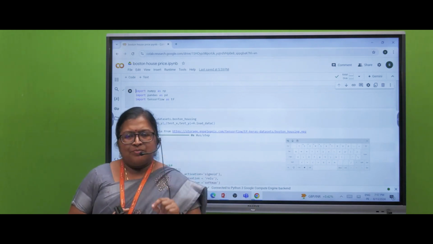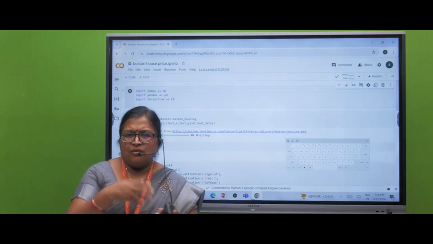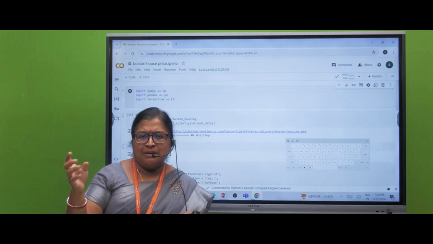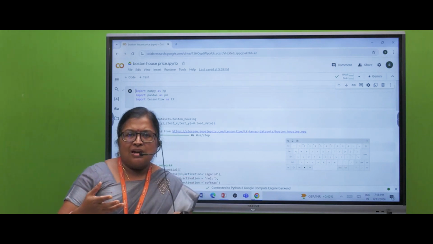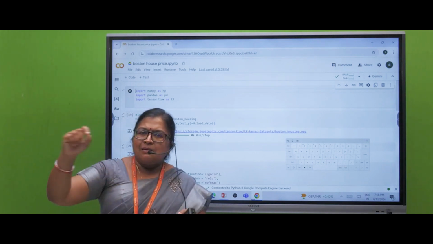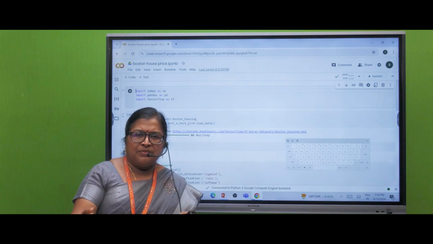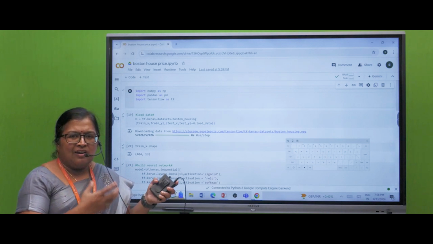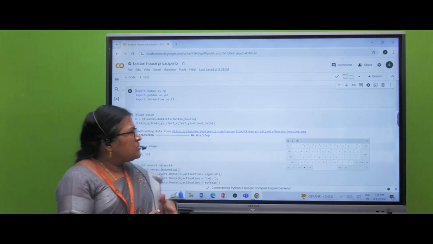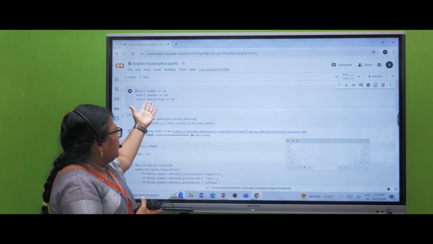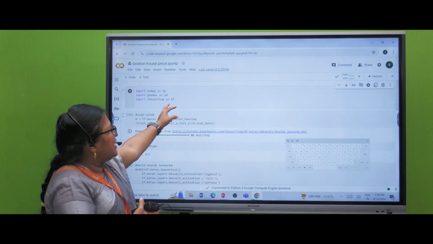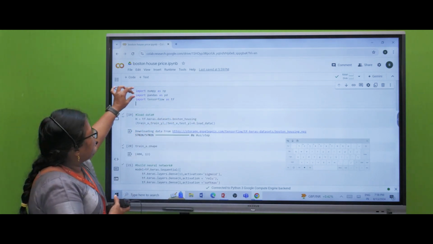The syntax is pip install followed by the module you want, so pip install tensorflow, or pip install torch for PyTorch. But in Google Colab, all the modules are already installed by default, so you can directly type import tensorflow as tf. I have imported it with the shortcut name tf.